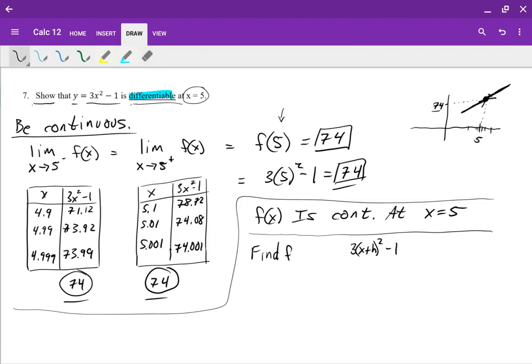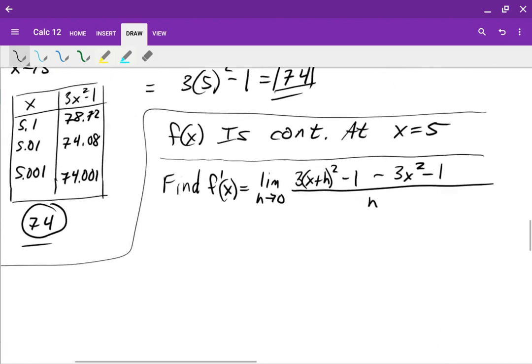Let me write my limit, f prime of x, the limit as h approaches 0, minus 3x squared minus 1 all over h.